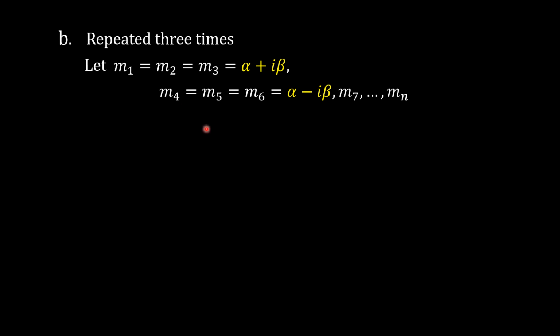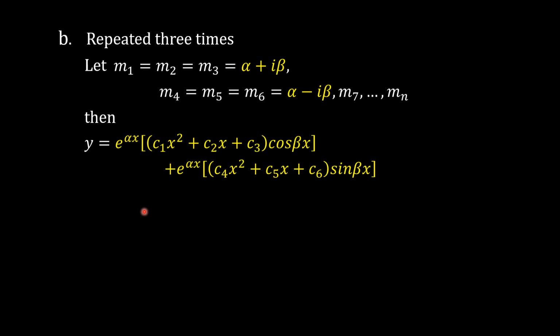Again put these values in the case roots are real and repeated 3 times. Solving the expression there, we will get the general solution as, for the complex repeated roots, the term e raised to alpha x (c1x square plus c2x plus c3) into cos beta x plus e raised to alpha x (c4x square plus c5x plus c6) sin beta x.